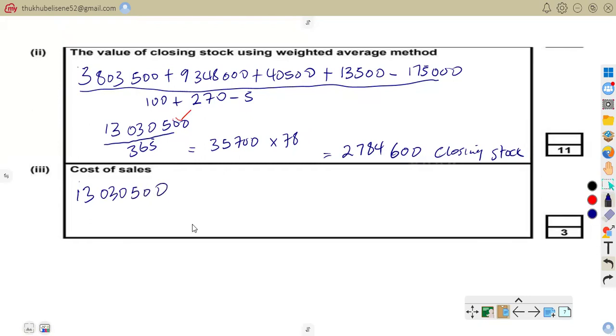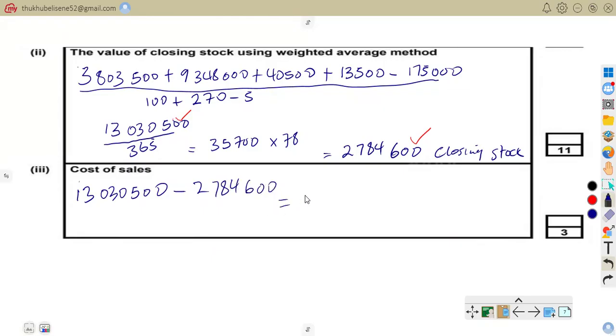So our cost of sales available for sale is 13,030,500 minus our closing stock. So we are going to minus our closing stock to get cost of sales. Our closing stock is 2,784,600.